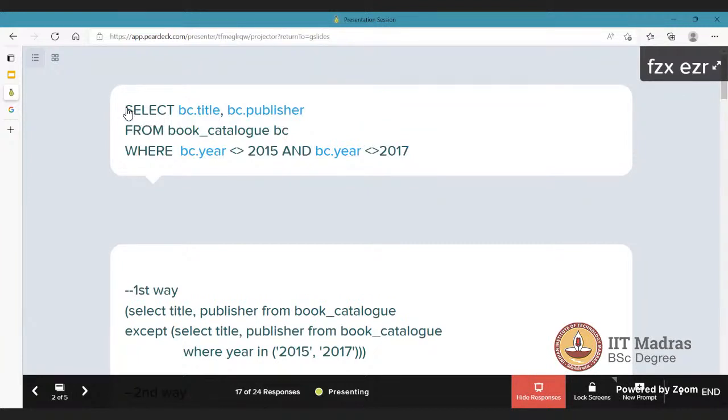Can you come again? Ma'am, for the comparison of the year, not in 2015 or 2017, should I put single quotes for this? Because this is not equal to, is it for integer comparison or string comparison?